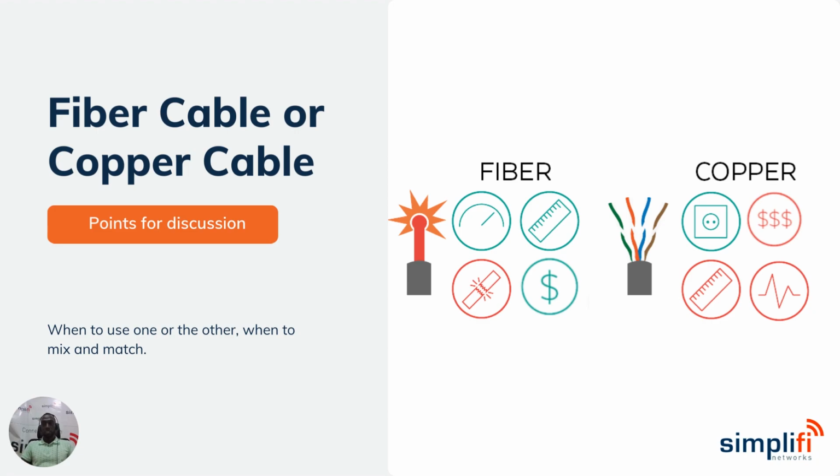Now, of course, I remember saying we want to demystify some of the misconceptions surrounding why someone should use copper versus why someone should use fiber, with the goal of promoting the adoption of fiber optic in our networks, whatever the size.